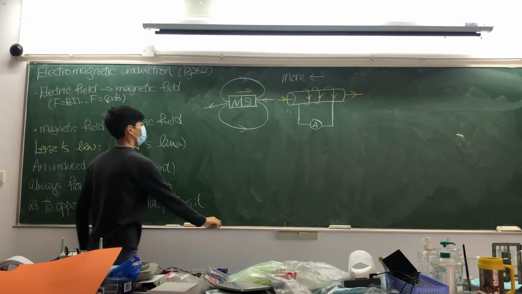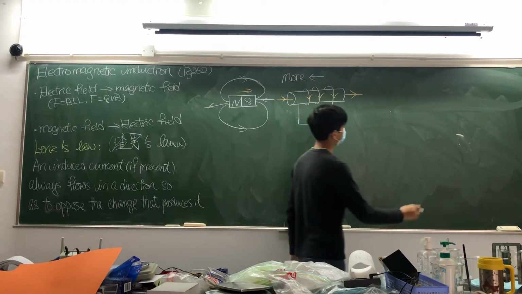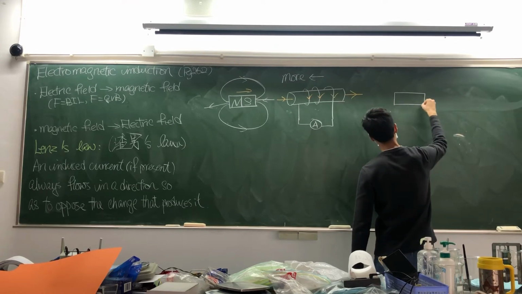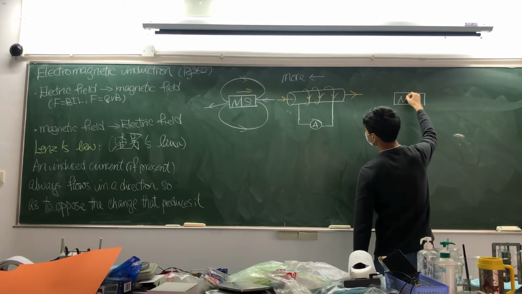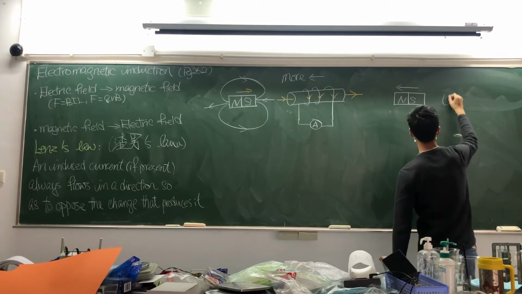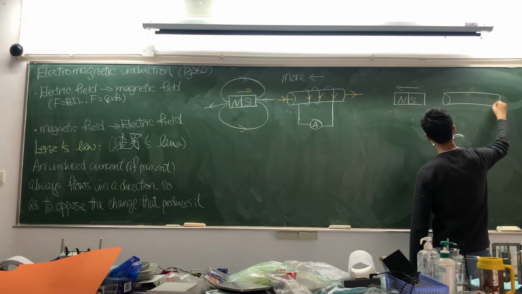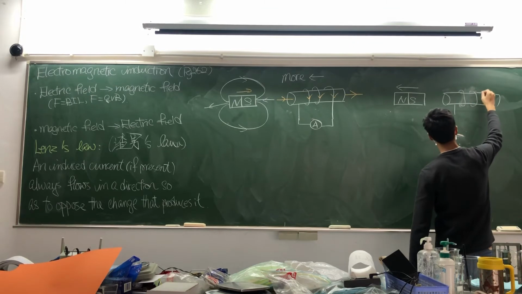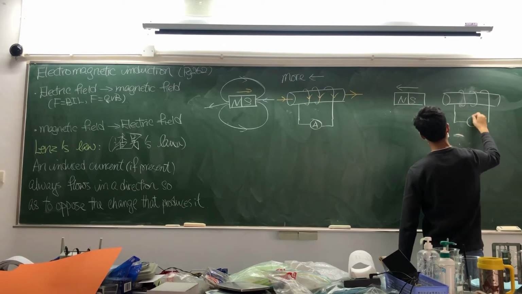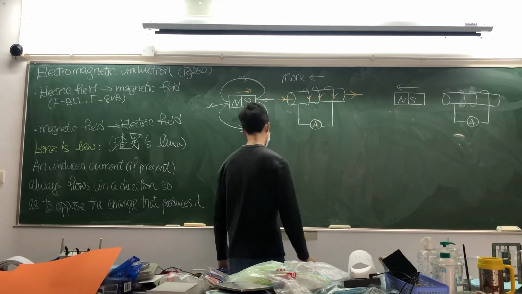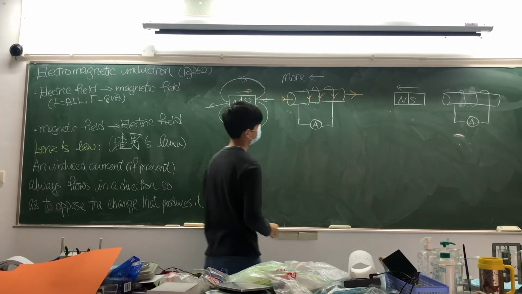Okay? So the last case, you can do it on your own. So if you have a magnet with the south pole closer to the solenoid, then you can see what will happen or what is the direction of the induced current.